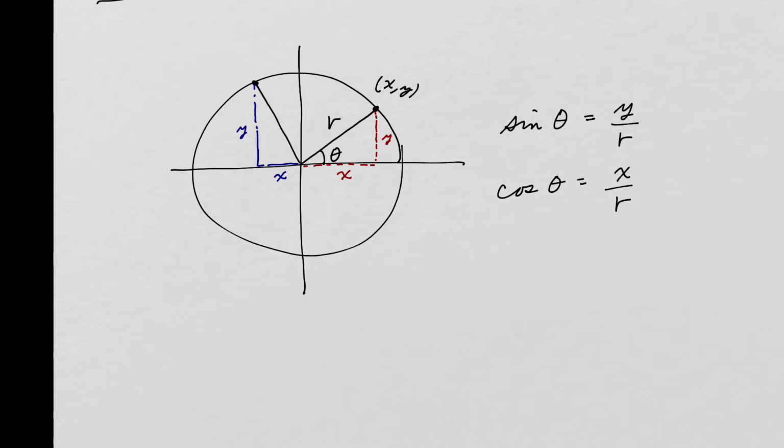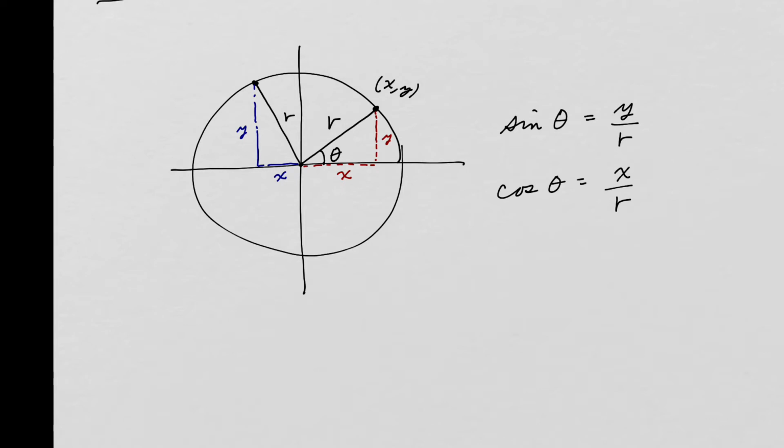The r, by the way, is always positive, because the r is a distance from the origin out to the circle. But the x and y are positive or negative depending on which quadrant they're in. So again, in the second quadrant, the x is negative, the y is positive. I'll talk more about that in a little bit.